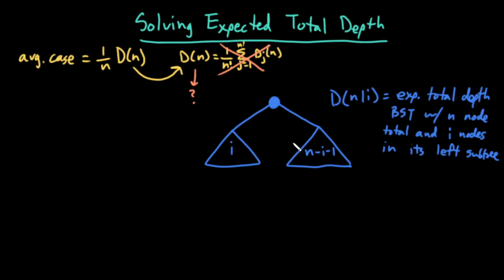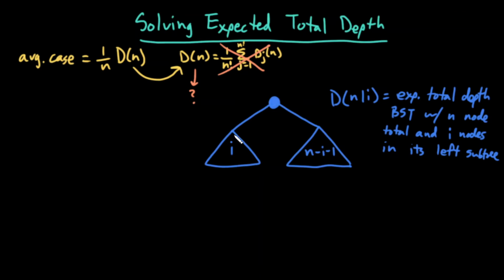Let's think of this recursively. How can I define this recursively? I can actually define d of n given I as a function of d of I and d of n minus I minus 1. This subtree here is itself a valid binary search tree.